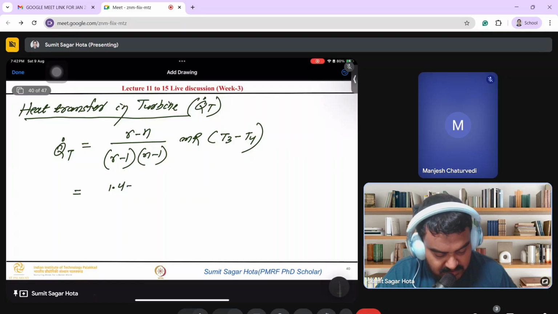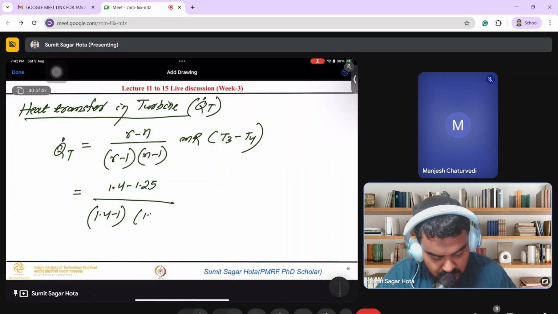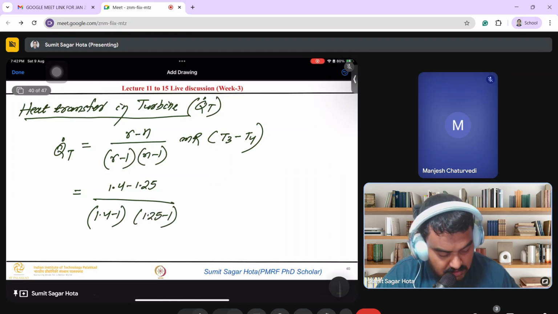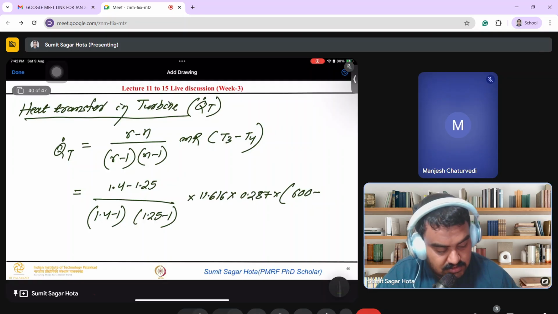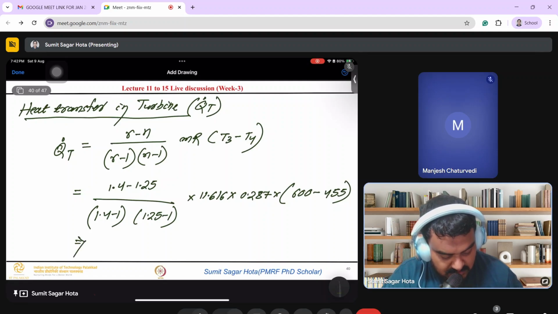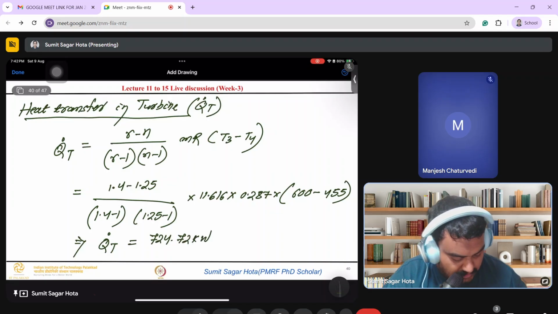So 1.4 minus 1.25 divided by 1.4 minus 1 into 1.25 minus 1 into 11.616 into 0.287 into 600 minus 455. Okay. So if you solve it, you will get Q dot T is equal to 724.72 kilowatt.